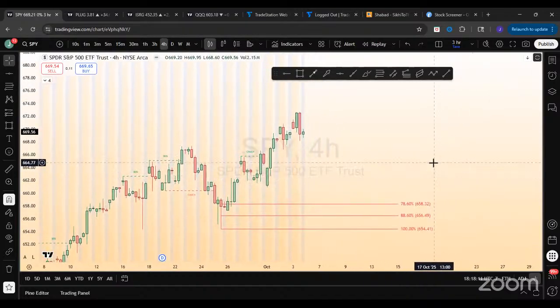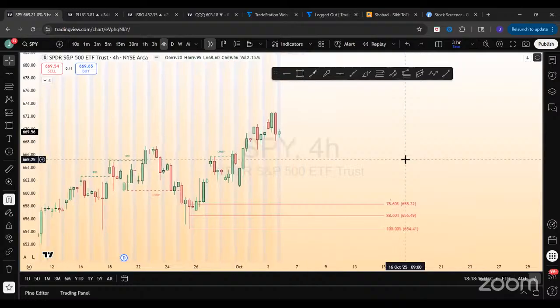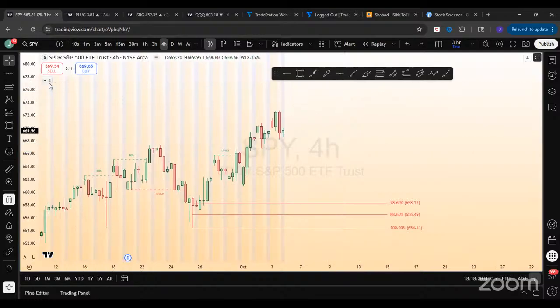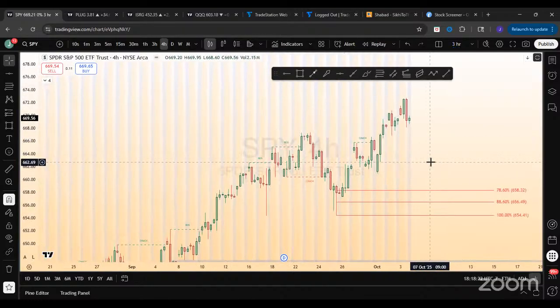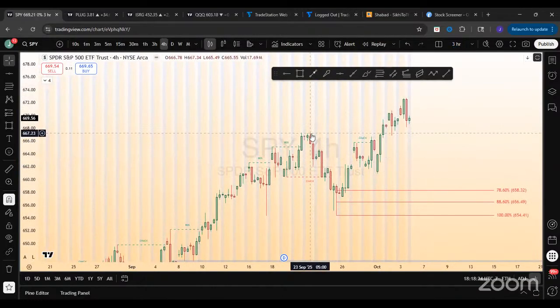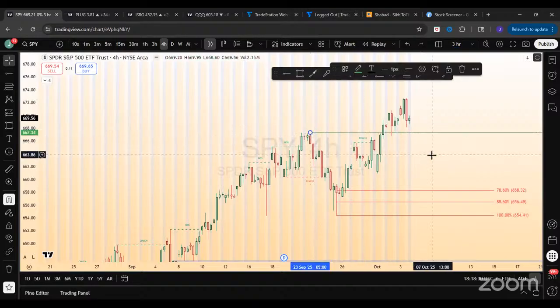All right. Moving to what did the market do? The market is not breaking or anything for now. I guess there was a change of character here, but it did break this resistance right there.